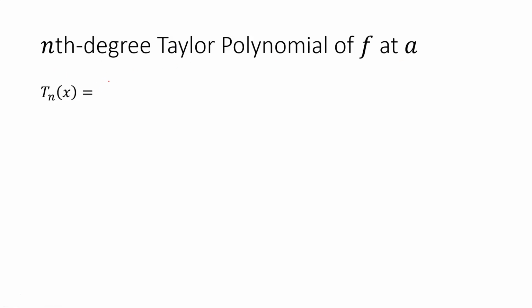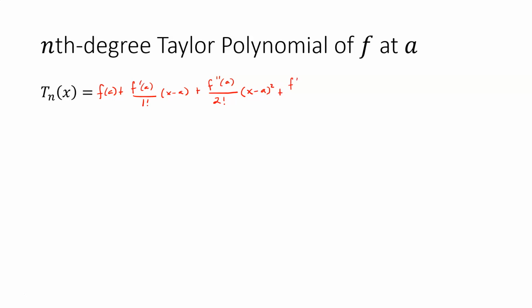And remember, it's just going to be the first terms of the Taylor series up to the nth degree term. So the first term starts with f of a, and then we have f prime of a over 1 factorial times x minus a. And then continuing that pattern, we have the second derivative at a over 2 factorial times x minus a squared.